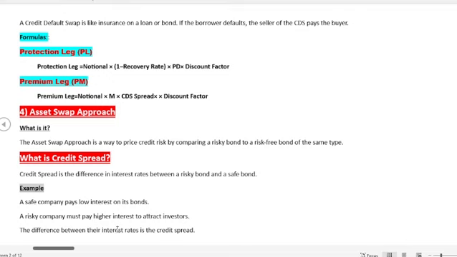So to attract more investors, that company is going to pay a higher interest rate. The difference between their interest rates is called the credit spread.